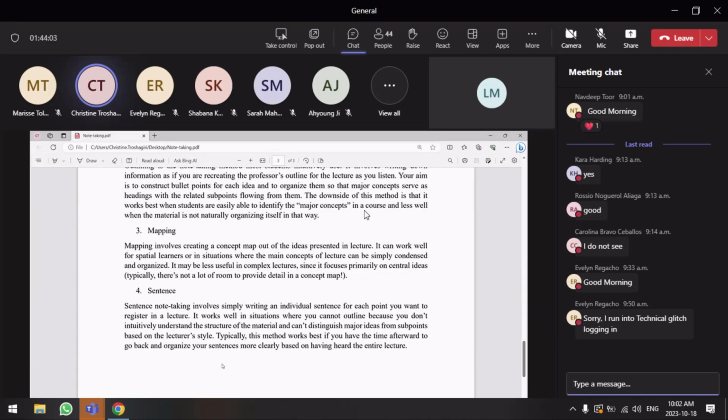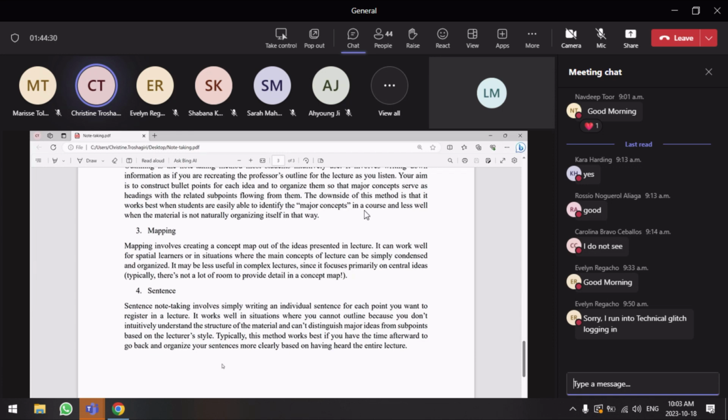So you're going to write down brief sentences which at that point you might not understand perfectly, all right? You're just trying to organize them in a way, but afterwards you're going to go back to those sentences after listening to the whole lecture, and identify and maybe improve them.